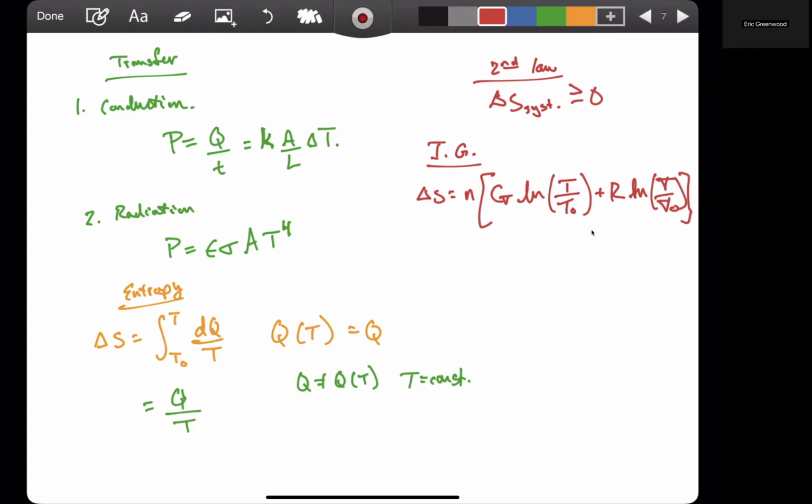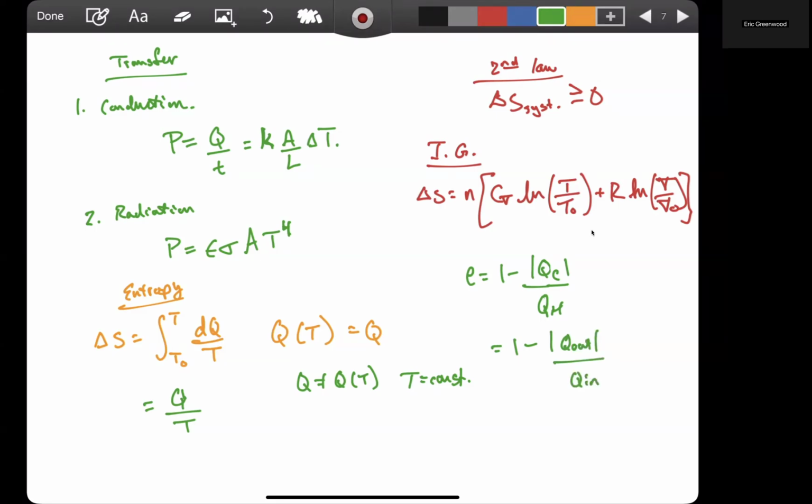And then finally, we have our two efficiencies. Our real efficiency is equal to 1 minus the absolute value of Q hot divided by Q, I'm sorry, that should be Q cold. Absolute value of Q cold divided by Q hot, or that's the same thing as 1 minus the absolute value of Q out divided by Q in.